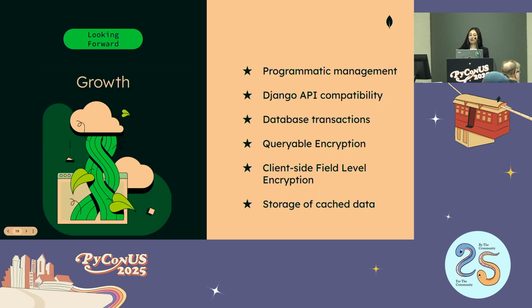You can prepare for programmatic management of vector search, Atlas search, and geospatial indexes by using the Django API, vector search, Atlas search, and geospatial queries through the Django API, queryable encryption and client-side field-level encryption, database transactions, storage of cached data in the database, and even more great features and functionalities to look forward to.